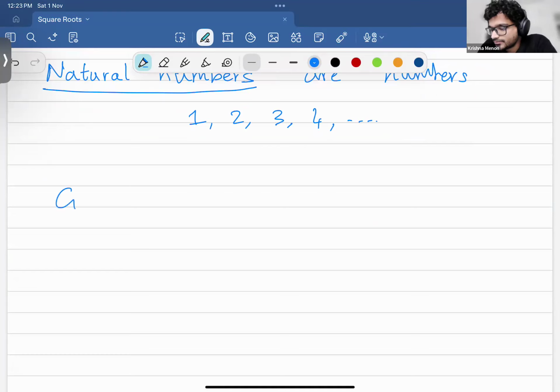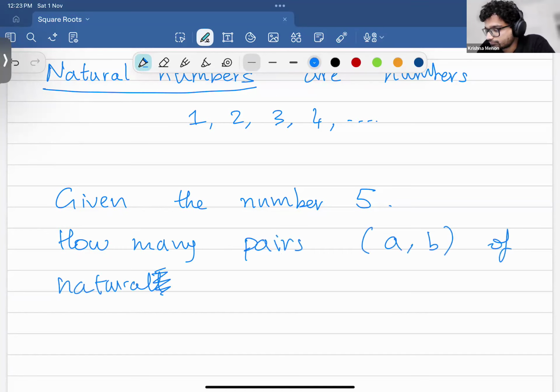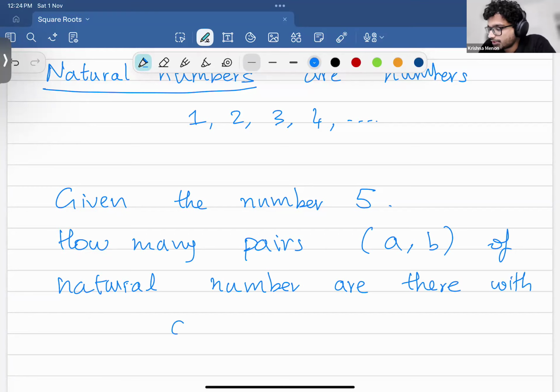Okay? So the first problem we're going to be looking at is, you are given, let's say, the number 5. How many pairs A comma B of natural numbers are there with A plus B equal to 5?